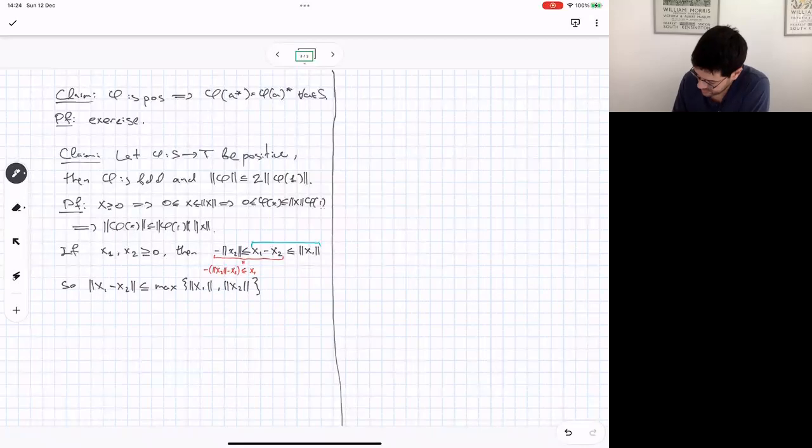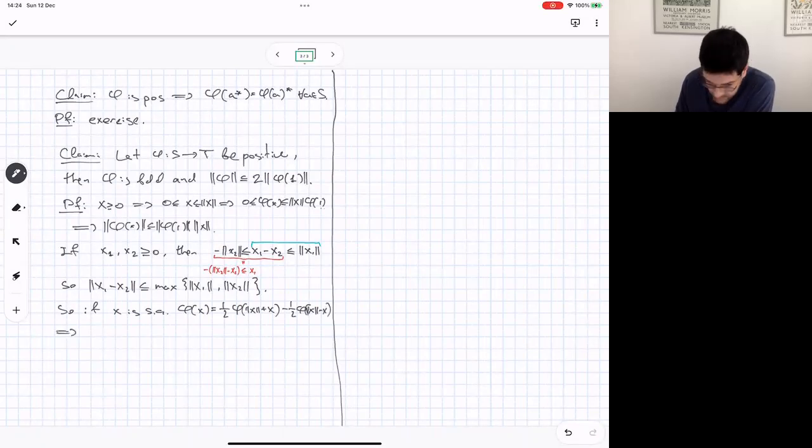So now, if x is self-adjoint, then we can decompose it and write it as a difference of two positive elements, and plug phi into the story.